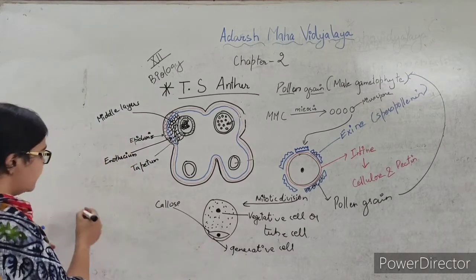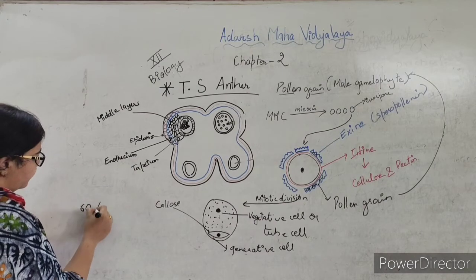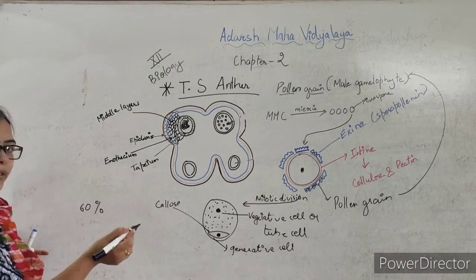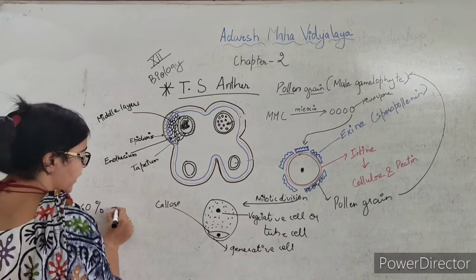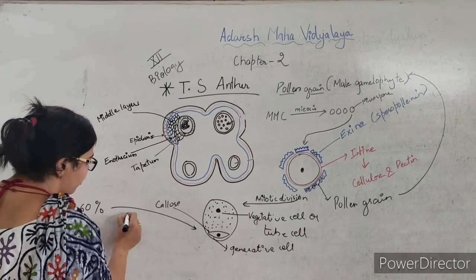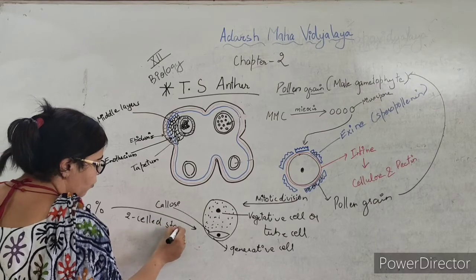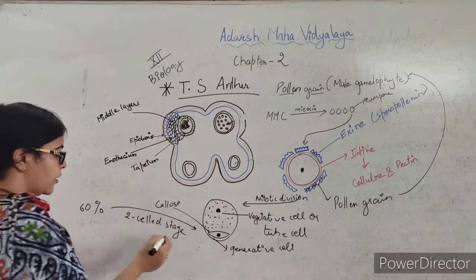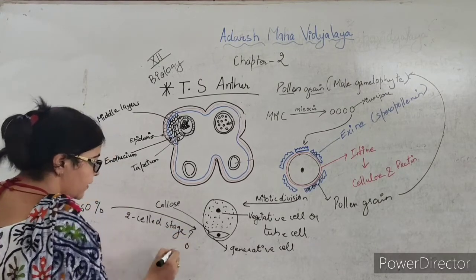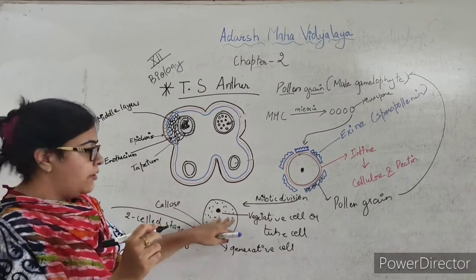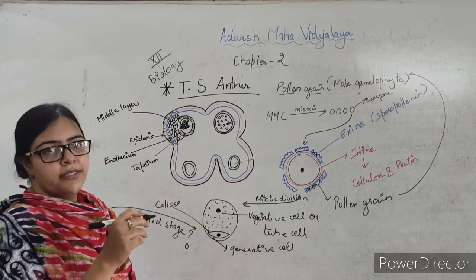In 60% of angiosperms, the pollen grain is released at this stage, that is the two-celled stage. Now what do you understand by two-celled stage? Two-cell stage means that the pollen has a vegetative cell and a generative cell.